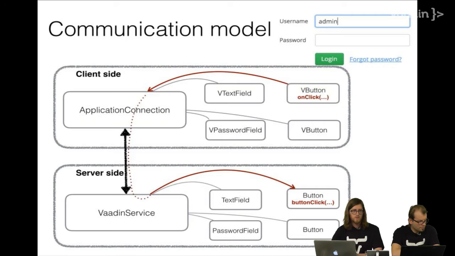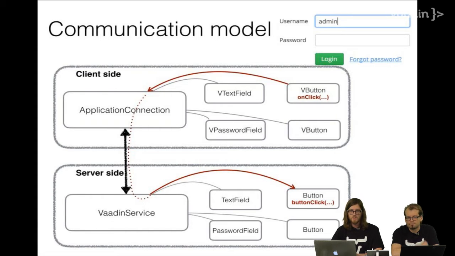Okay. Then what about Vaadin? What makes testing Vaadin different from other frameworks? I will tell very briefly about the Vaadin communication model. For example, in the top corner we have a login form with two fields and two buttons.